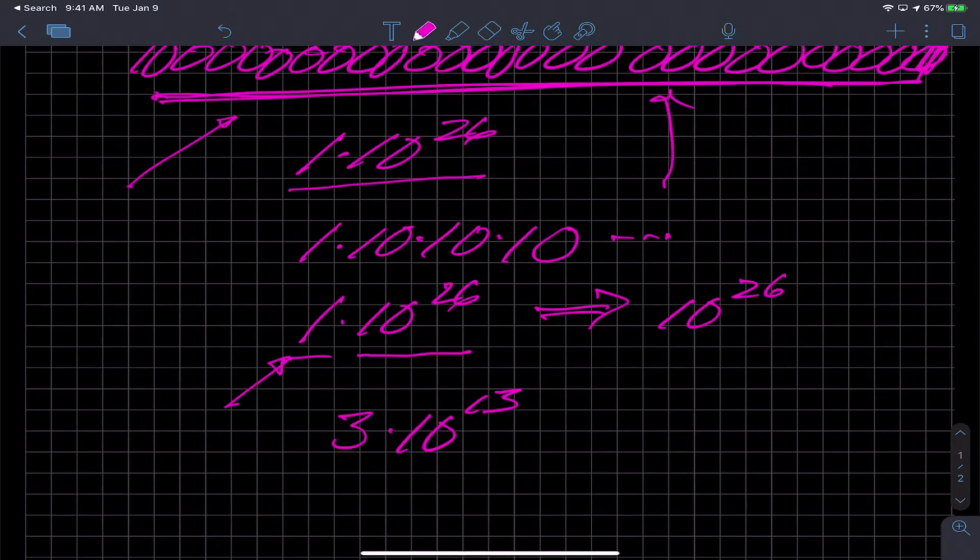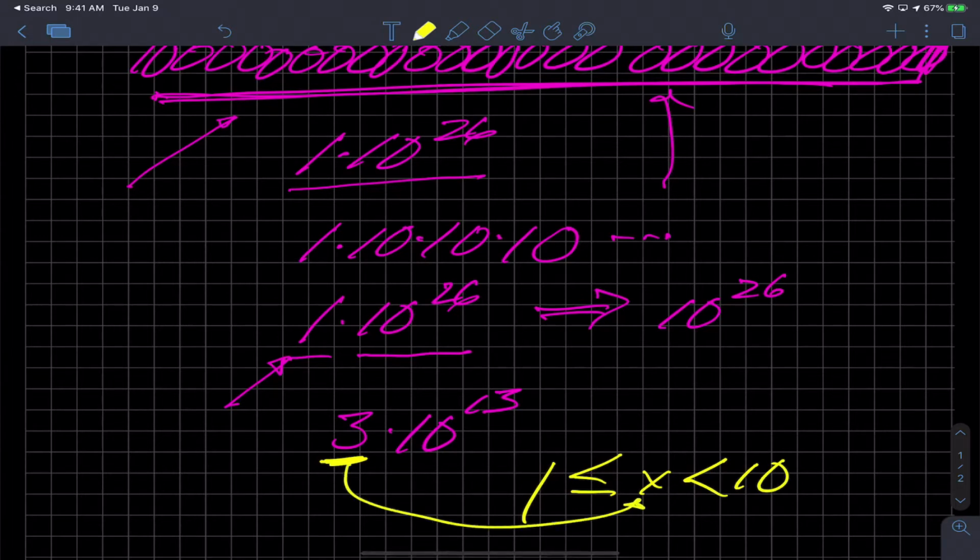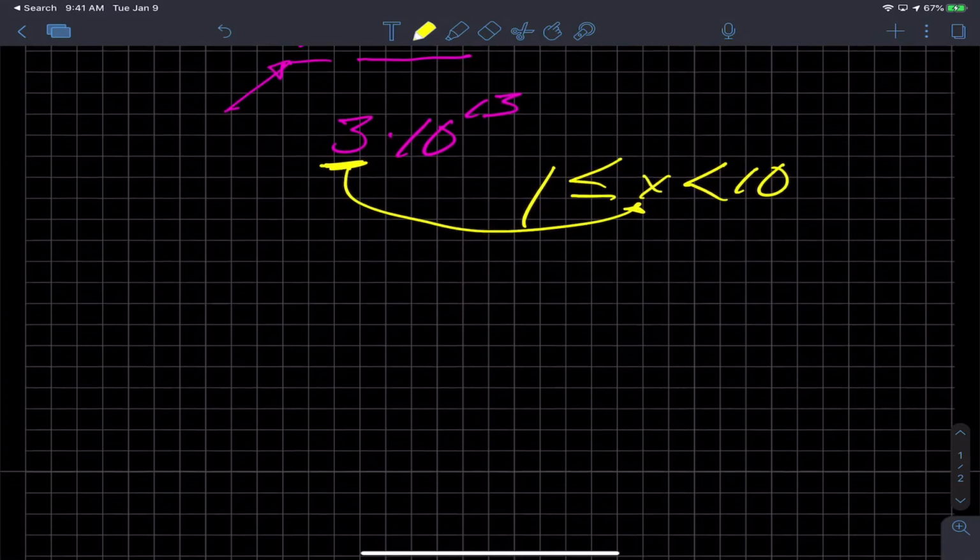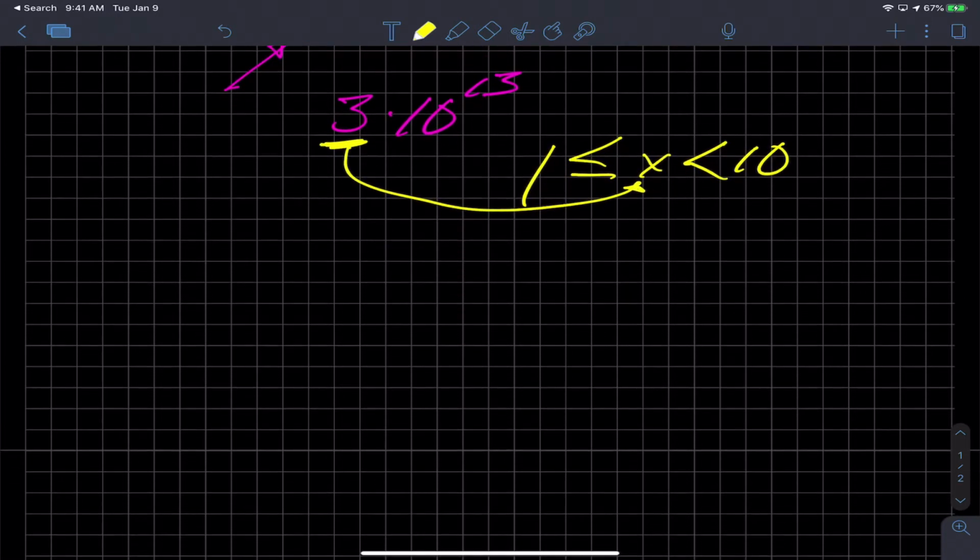This number here, this front value, must be greater than or equal to 1 and less than 10. For instance, if I had 2 times 10 to the 15th, perfectly fine.